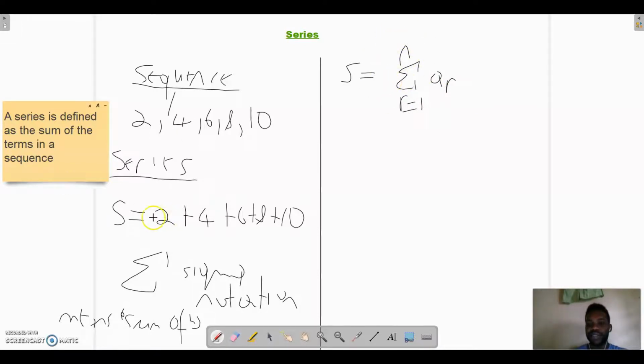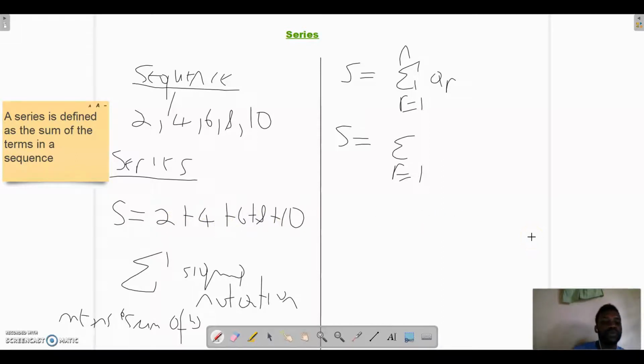So going back to this series here, 2 plus 4 plus 6 plus 8, S would be equal to the sum of, going from r equal 1. Now look at this carefully. Since we're adding 2 constantly, we know that it follows an arithmetic pattern. But because these are just multiples of 2, we don't even need the formula to figure out what this is. This is 2, 4, 6, 8.